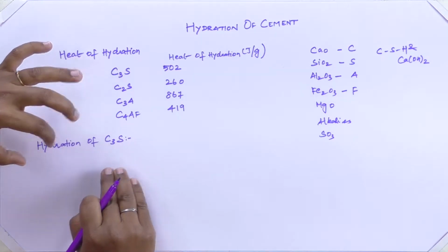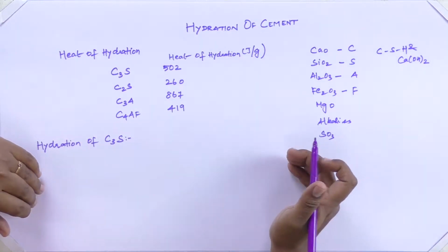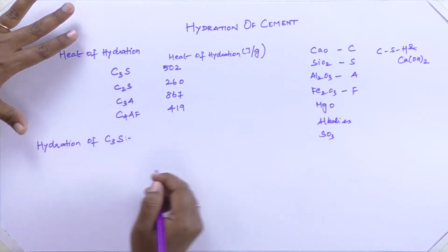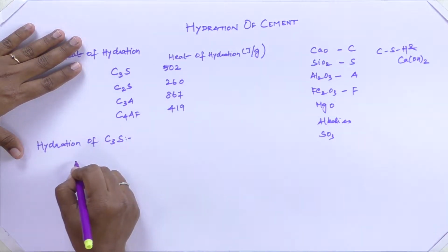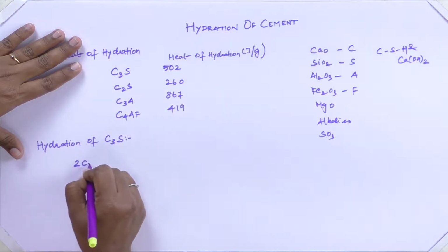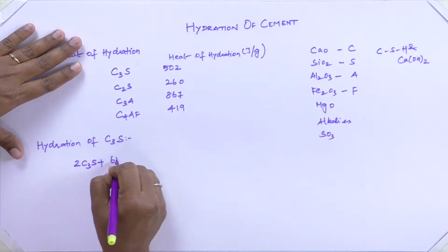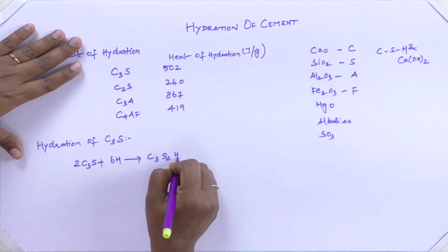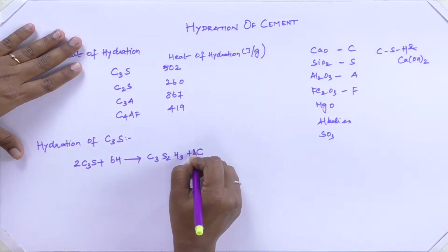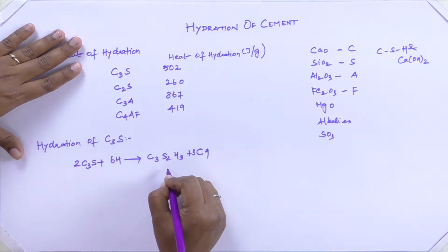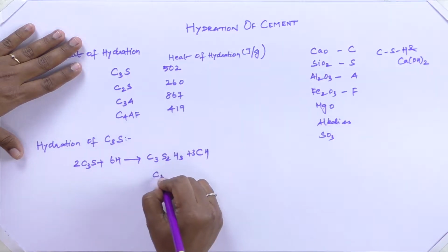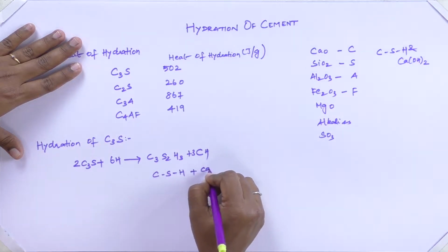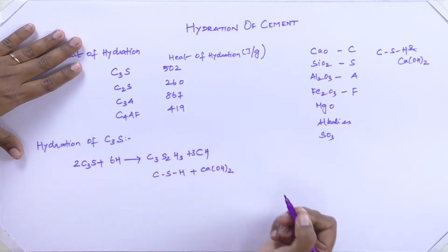When this compound reacts with water, how it reacts and what the end product is, we are going to see now. 2C3S plus 6H gives C3S2H3 plus 3CH. This is nothing but CSH, and this is calcium hydroxide.